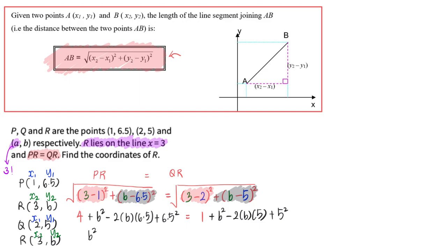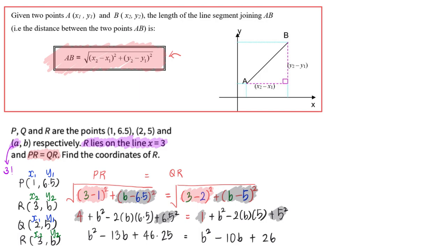I will have b squared minus 2 times b times 6.5 is 13b. 4 plus 6.5 squared would give me a value of 46.25. So on the other side of the equation, I will have b squared minus 2 times b times 5 is minus 10b. And again, 1 plus 5 squared will give me positive 26.